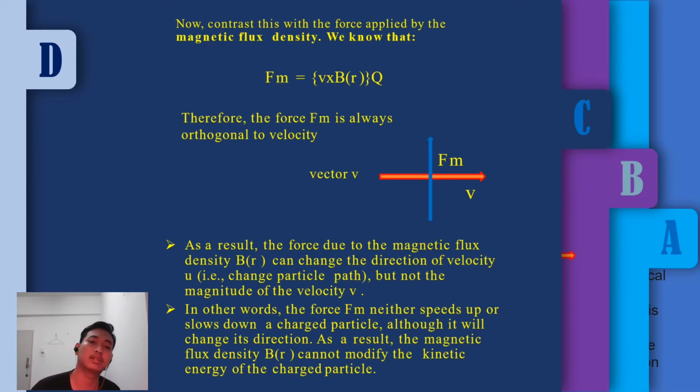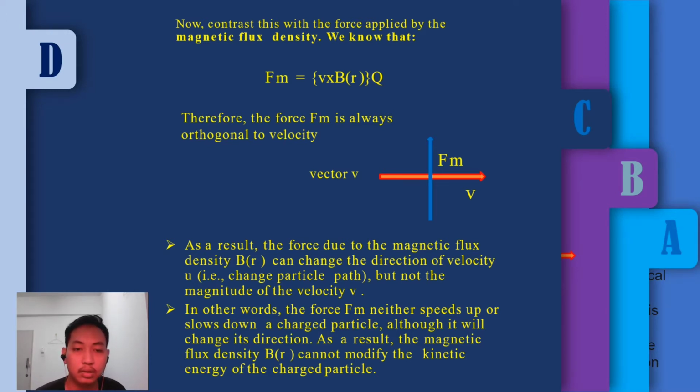As a result, the force due to the magnetic flux density can change the direction of the velocity v, but not the magnitude of the velocity v.